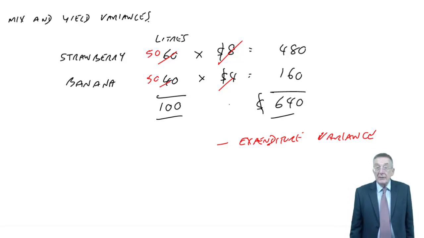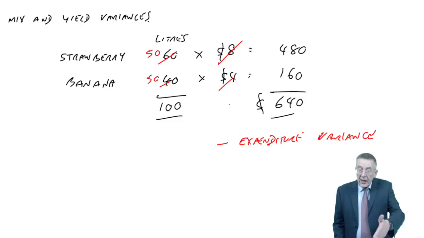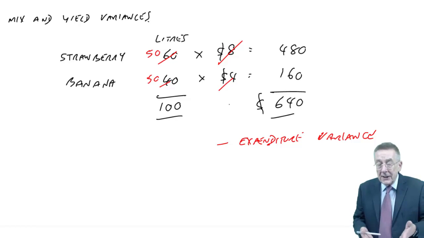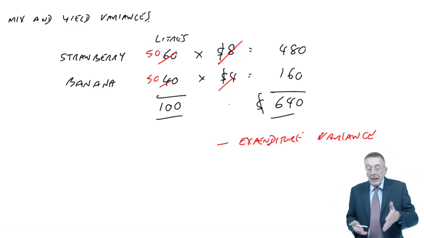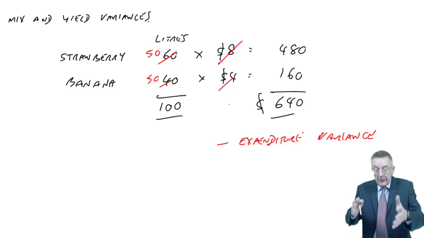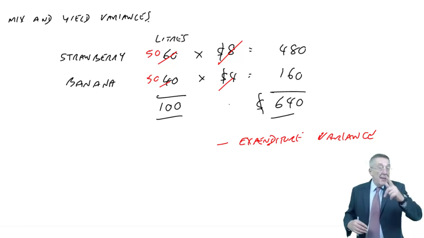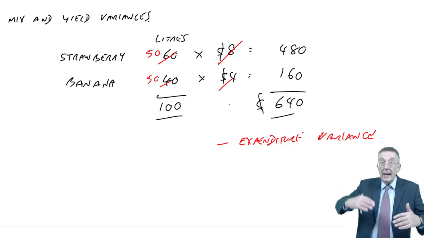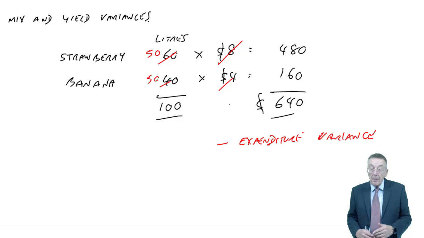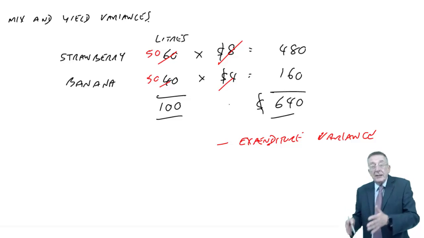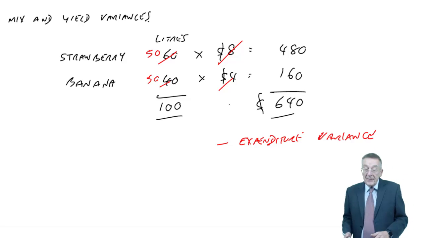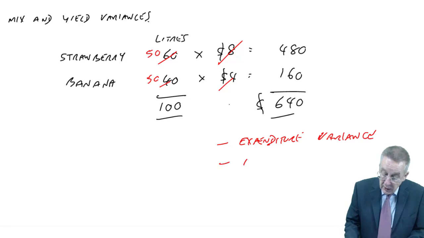It'd be 50 at 8, 50 at 4, it'd be different. So that's another thing that could change. What's changed there? Well, we're still putting in 100 litres, but we've changed the mixture. We've decided to use a bit less strawberry and therefore automatically a bit more banana. But it will affect the total cost. And so it'll be a variance again, and we call that a mix variance.